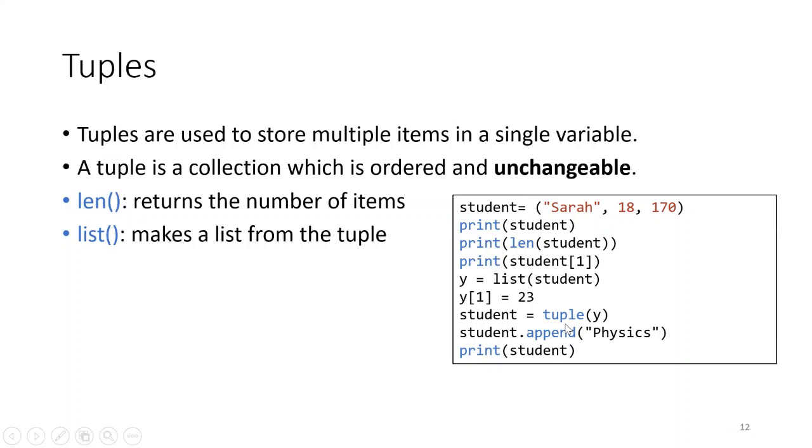So lists and tuples simply convert to each other using built-in functions in Python. And we can add elements to tuples in the same way we had with lists. We use the append function. So let's try these lines in our code.